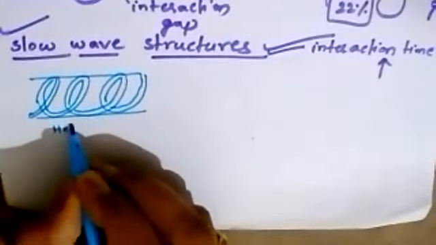So this is the first type of structure, and it is called a helix.